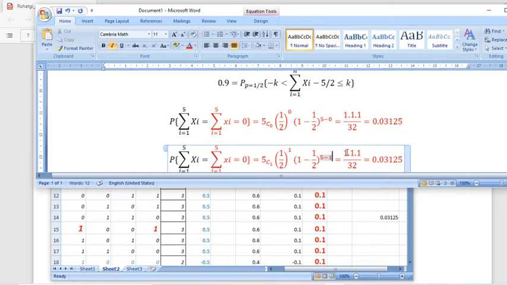Again we have 5c1, which means 5 into 1 by 2 raised to 1, which is 1 by 2.